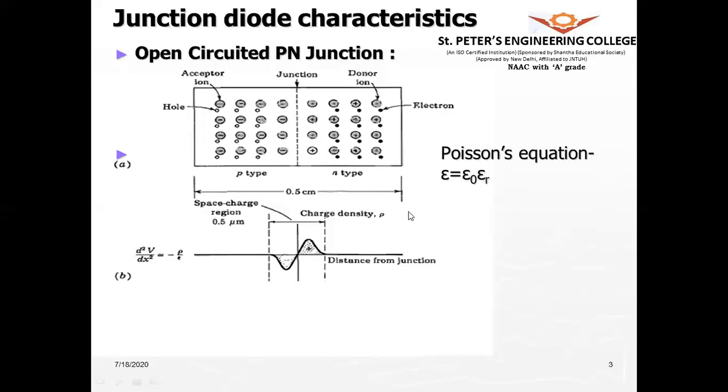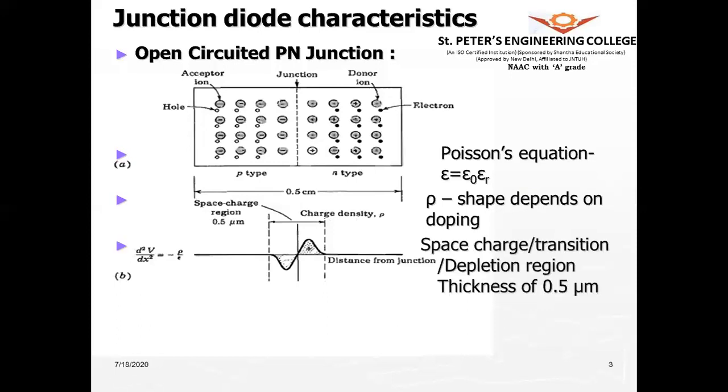That's the permittivity. The space charge density rho also depends upon the doping concentration, the doping level. If they are heavily doped, it will be different, and when it is lightly doped, it will be different.